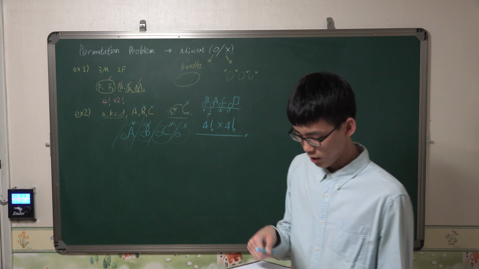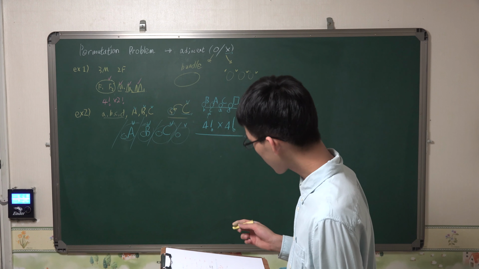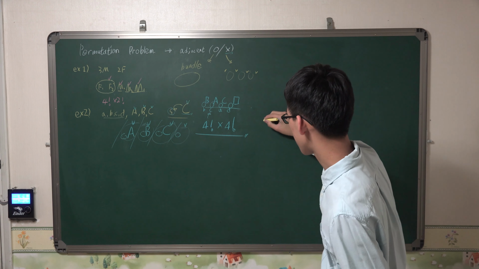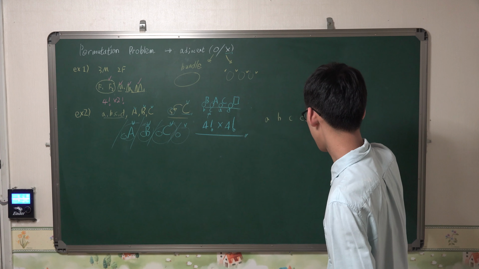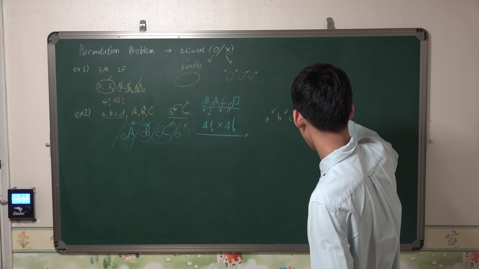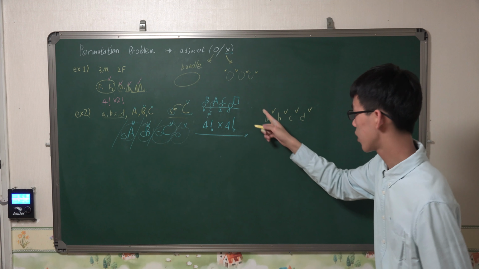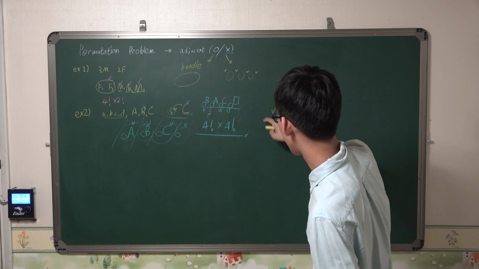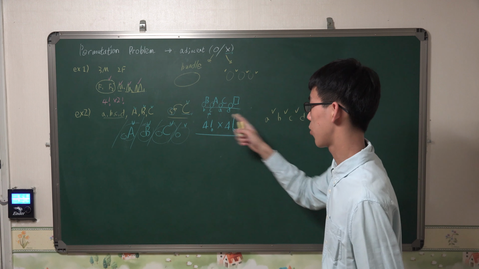Or if you do not like this, you can just write the small characters a, b, c, d, and then insert the capitals. But you can't insert at this point, because if you write, for example, A here, there is no small character on its left side.